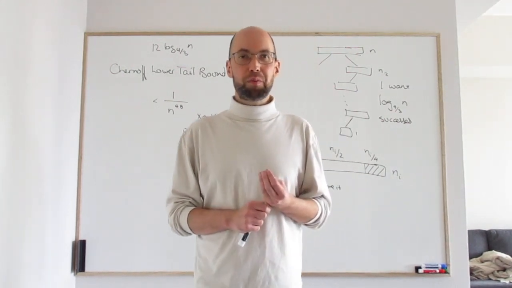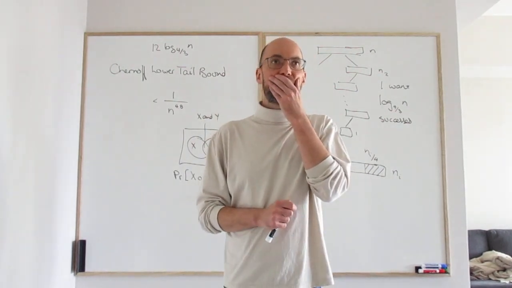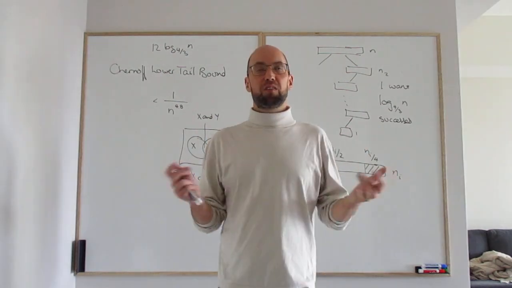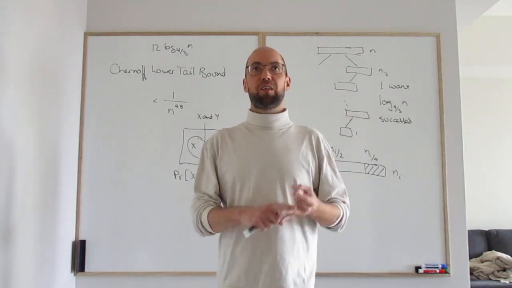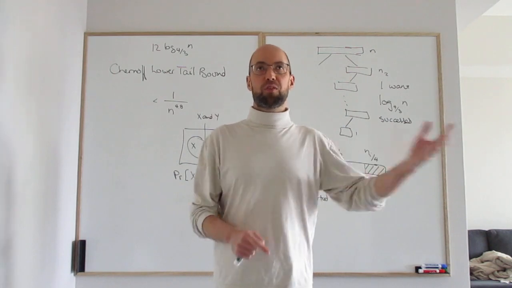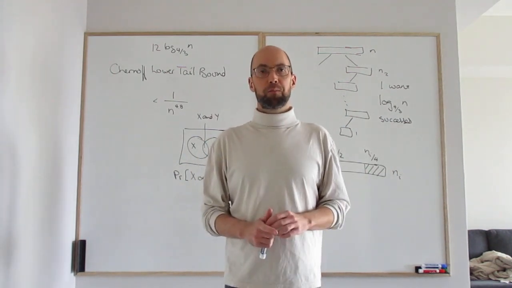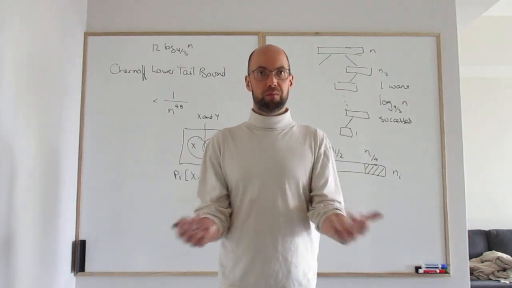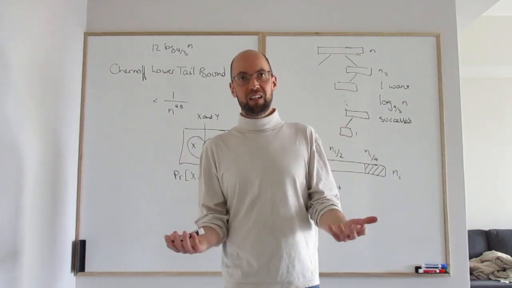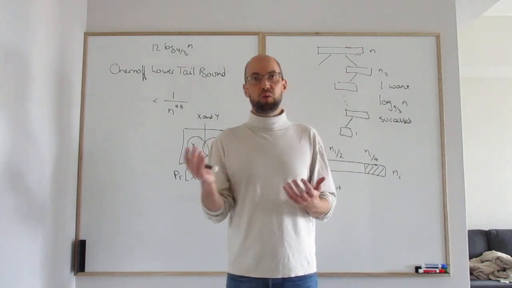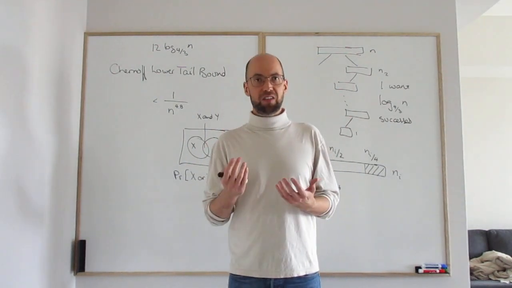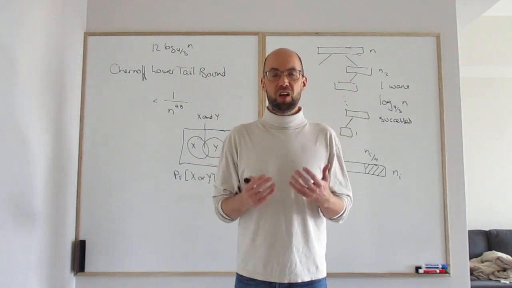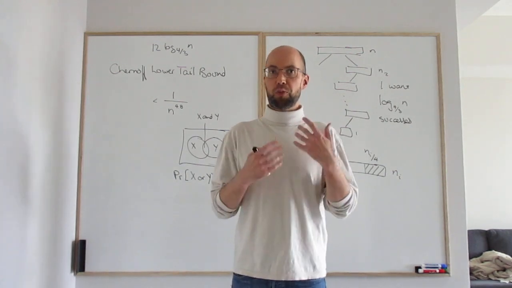So what is the probability that either the first leaf is that deep, or the second leaf is that deep, or the third leaf is that deep? Well, it's at most n. How many leaves are there? N. It's at most n times 1 over n to the 4.8, which is still 1 over n to the 3.8.